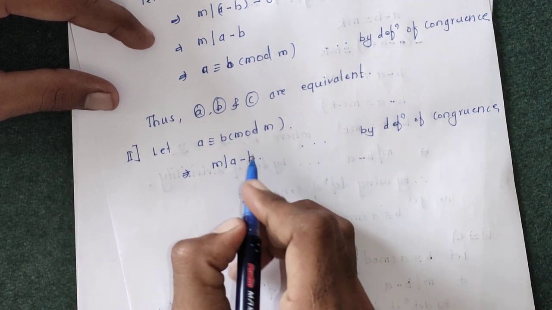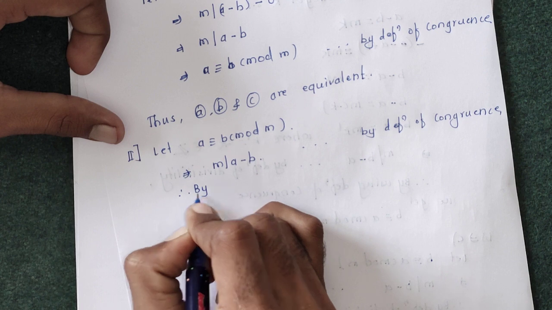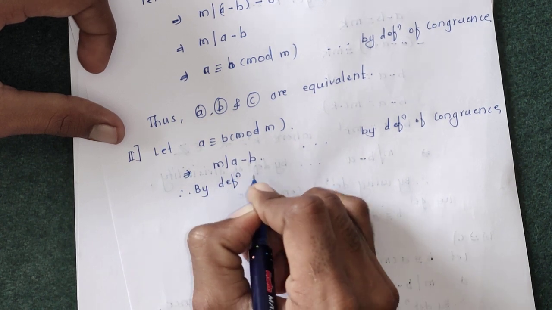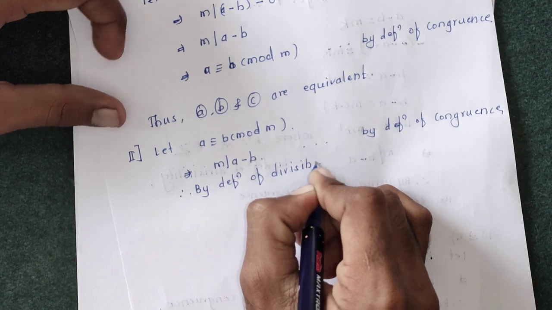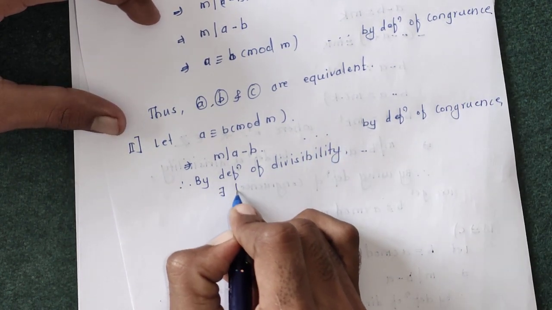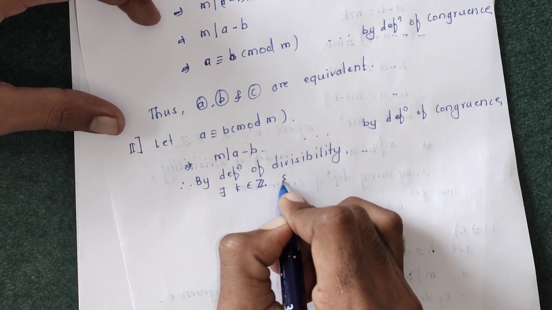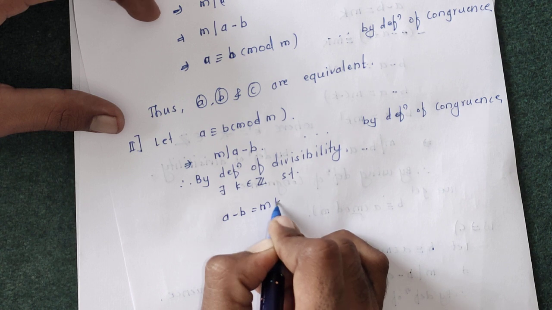Now, on this step we can use the definition of divisibility. Therefore, by definition of divisibility, there exists an integer k such that a minus b is equal to m k.